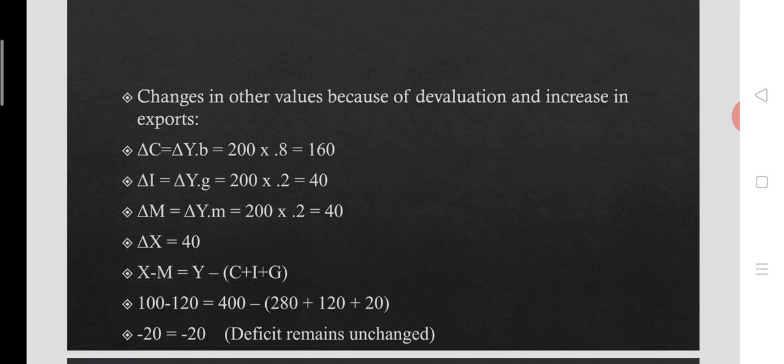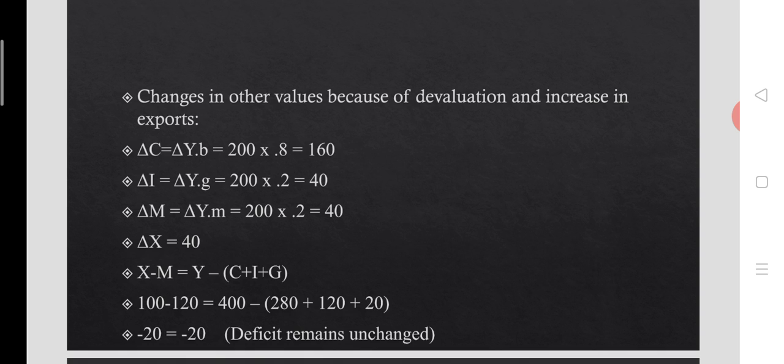Similarly, change in investment, delta I, is equal to delta Y into G. It is also a function of income, and the marginal propensity to invest is 0.2. The change in income is 200, and 200 into 0.2 is 40. That means investment has increased by 40 million US dollar.